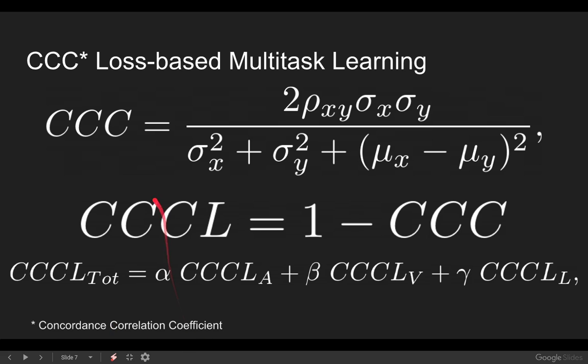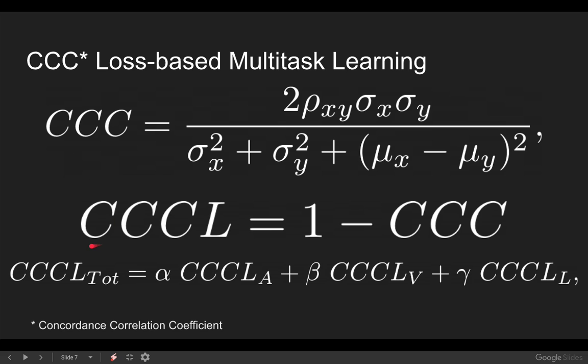It can be formulated as 2 multiplied by the Pearson correlation of x and y, where x is the true value and y is the prediction, multiplied by the standard deviation of x and y, divided by the variance of x and y, added to the square of the mean of x minus the mean of y. So this is the metric we use to measure the performance of our system.